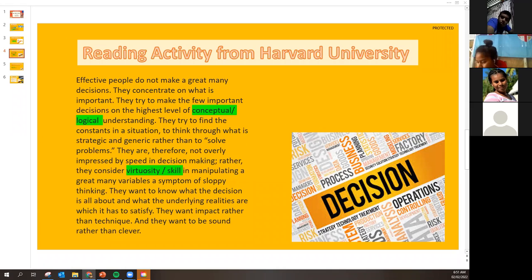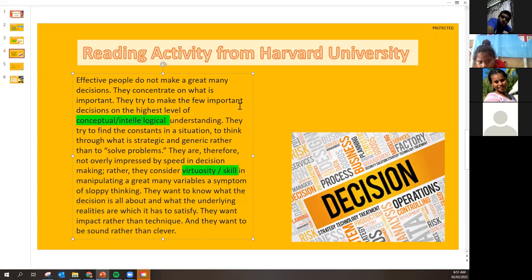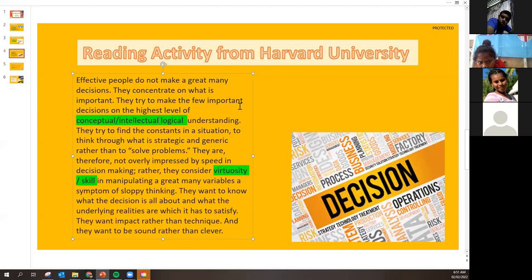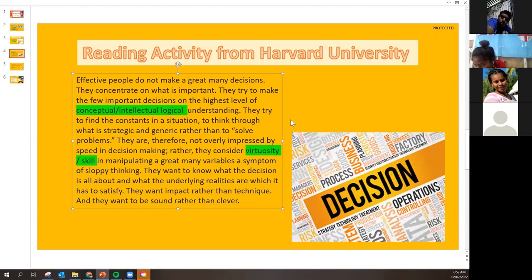Let's see if I can come up with another word. So another word for conceptual I've got here is abstract, intellectual. So you could even say intellectual if you wanted to. But intellectual sounds very like, oh, you're very intellectual, like it's the smartest way of thinking.